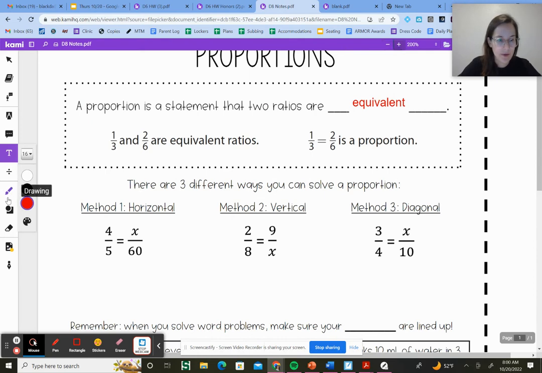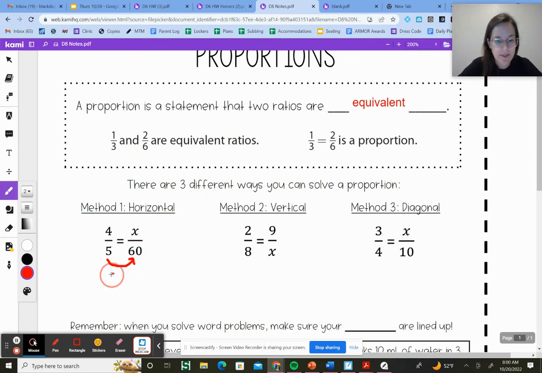I think I'm going to have to write on this, so I'm going to do my best. All right, so horizontal, this would be, if I'm trying to solve this proportion, this x is basically just the missing number. So you would have to figure out what that x represents. So in this case, we can look at the denominators.